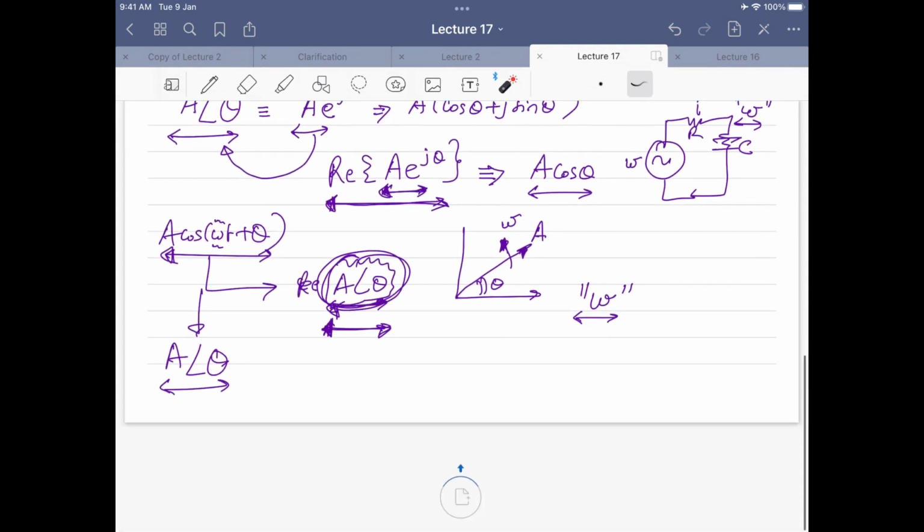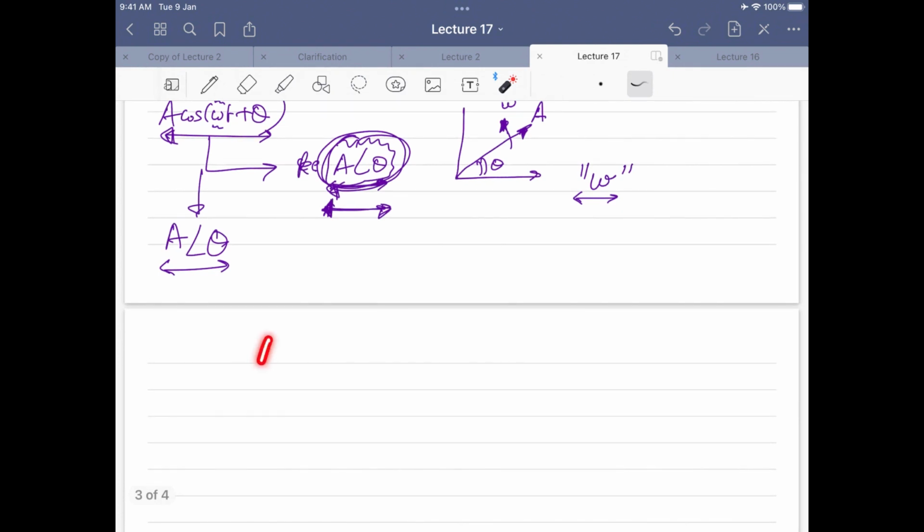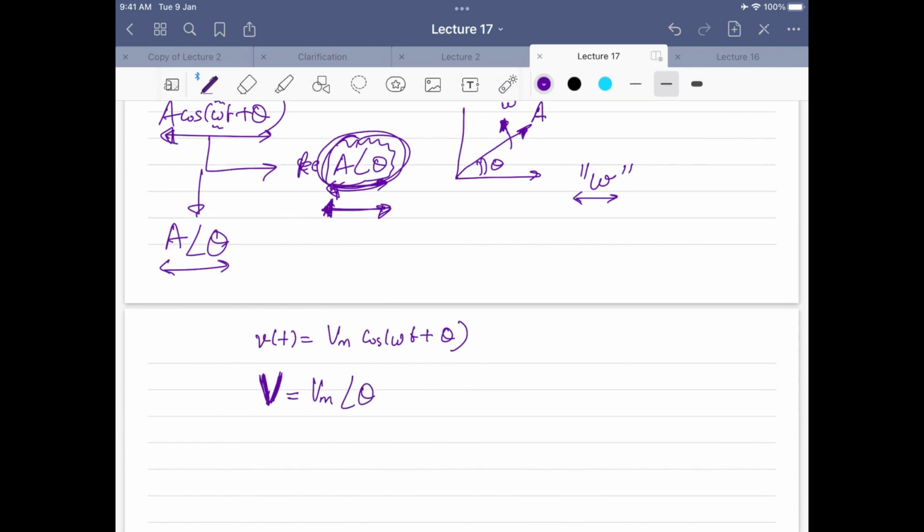Okay, so now we are representing this particular thing. Let us say you have a voltage v(t) given as Vm cos(omega t plus theta). We represent this in terms of phasors, and phasors are represented by a bold letter V, which is nothing but Vm angle theta.